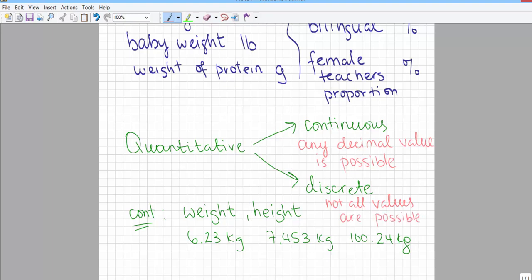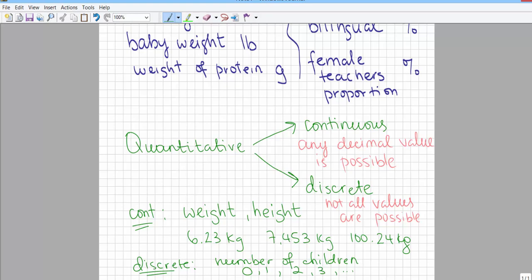Okay, now let me go ahead and give you an example of a discrete. Okay, let's say number of children in a family. Well, you can have 0, 1, 2, 3, and so forth, right? But you cannot have 1.32.